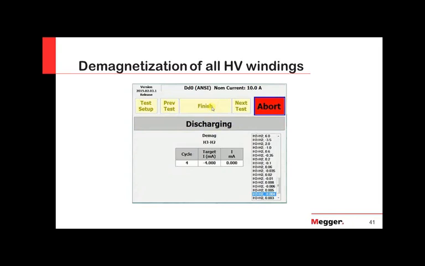You can see here the process is almost complete. Okay, and now we have the unit fully demagnetized.